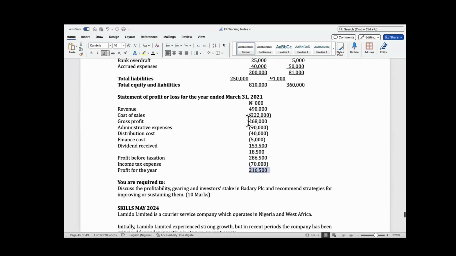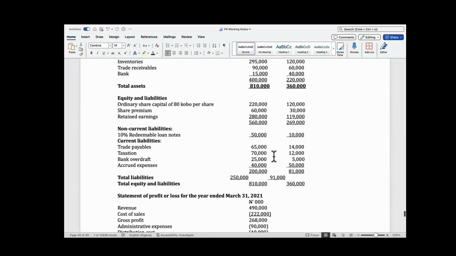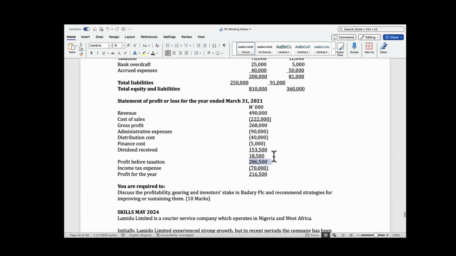You can compute gross profit margin. You can compute operating profit margin. Two ratios is better. You can do ROCE, return on capital employed.